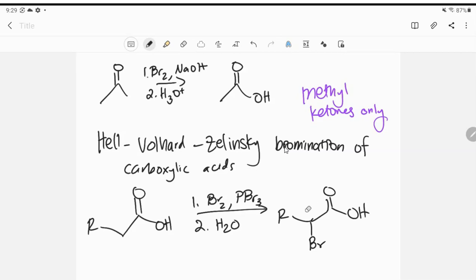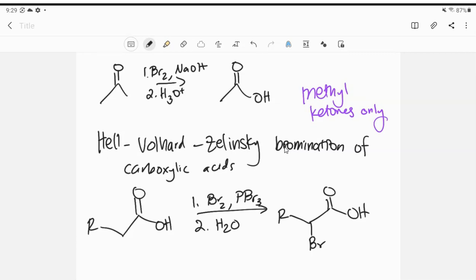How this does work, by the way, is your PBr3 will turn this into an acid bromide, which then will tautomerize into the enol, which can then attack the bromine and then go from there. And then the last step is to hydrolyze it back to the acid.